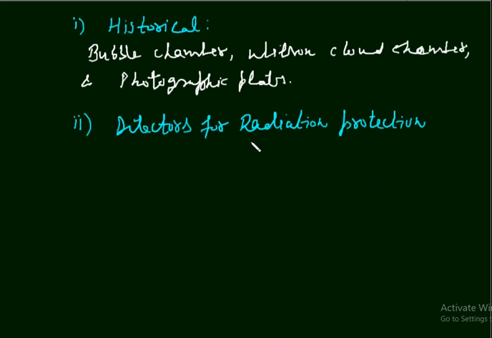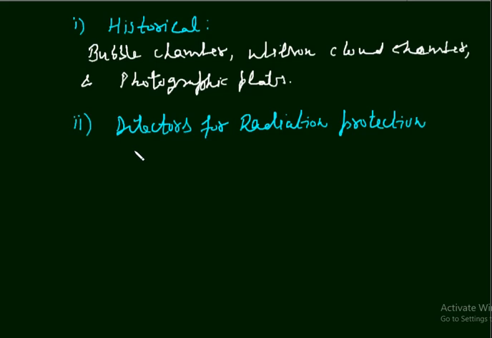Students, listen carefully. Radiation protection was the basic motive to develop the nuclear detector. Since radiations are used in medical treatments, in nuclear reactions, in nuclear reactors, we had to protect the human person from these radiations, and hence detectors were developed.